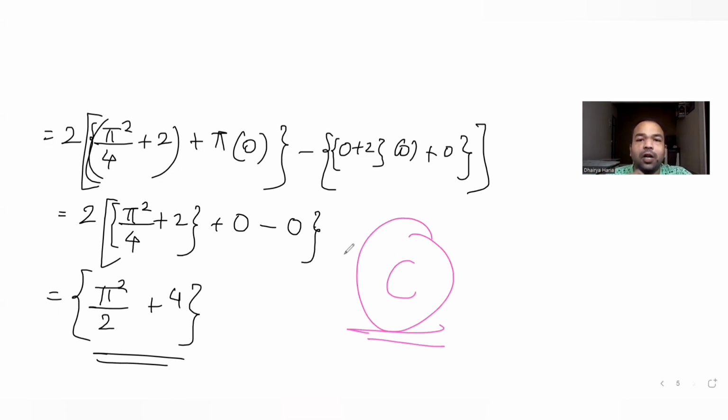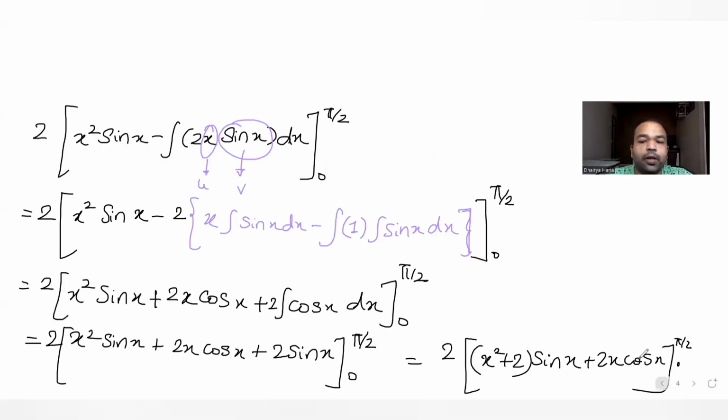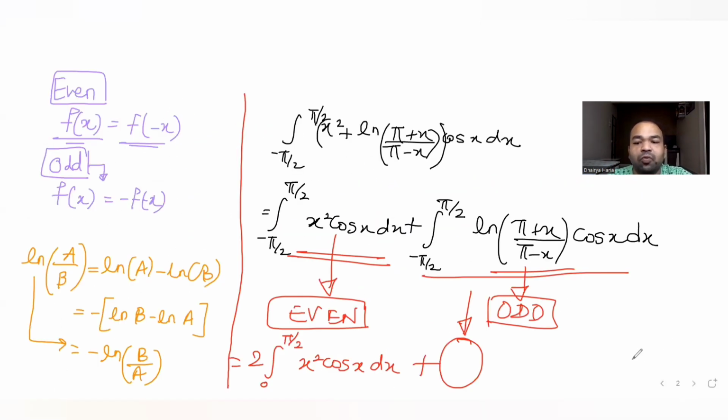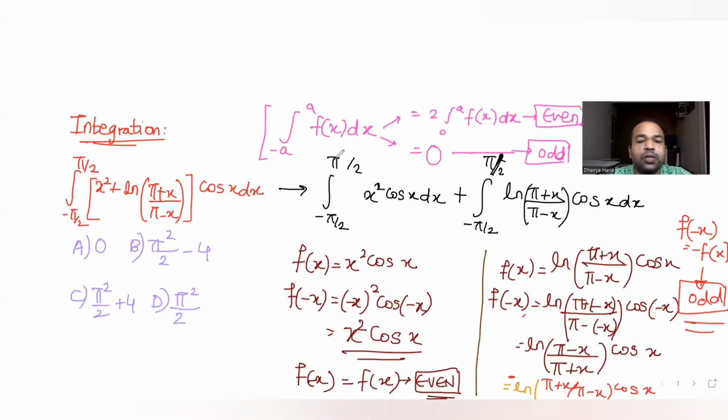I hope you have understood how to solve these types of questions where you have the combination of two functions given, one which is an even function, the other which is an odd function. So first of all, we have also understood how to identify even and odd functions. If f of x and f of minus x are equal, it's an even function.